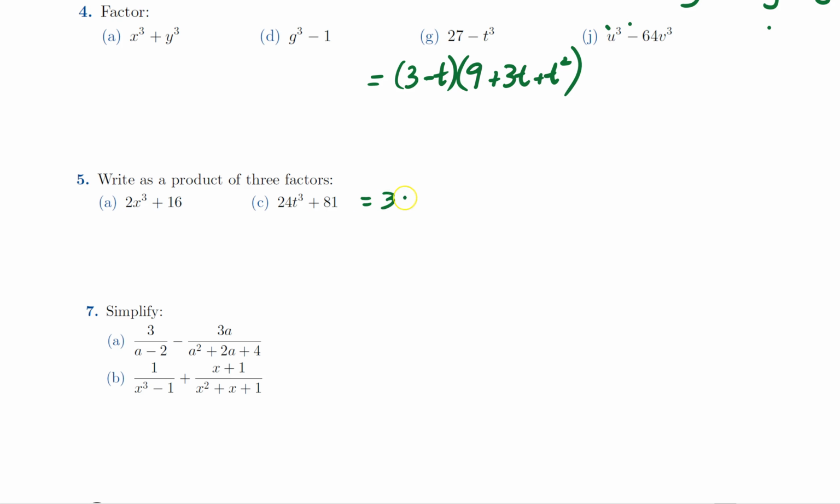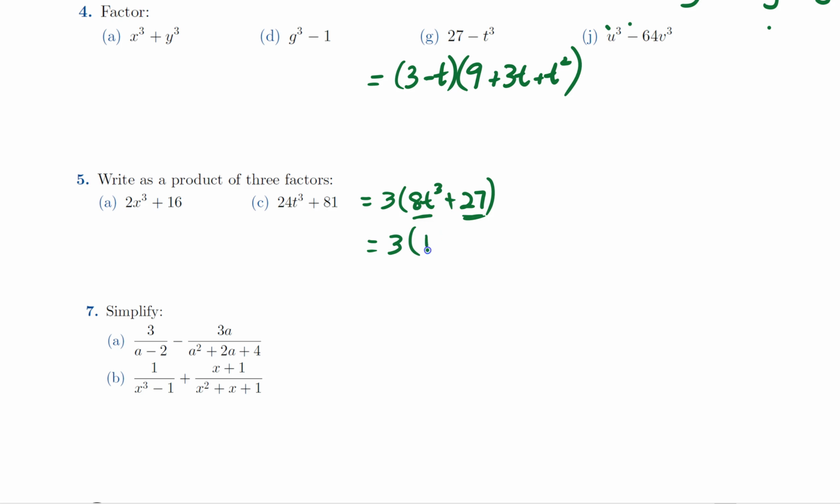So that's 3 outside of 8t cubed minus 27. When we get it like that, we can now see that this is a pair of perfect cubes. This is 2t all cubed and this is 3 all cubed. So we've got 3 outside of, and we apply our rule for the cubes.